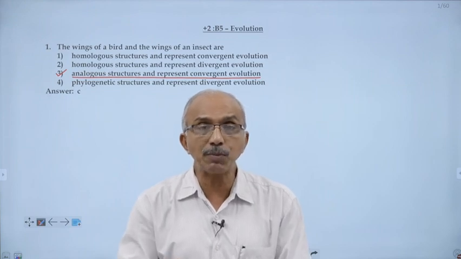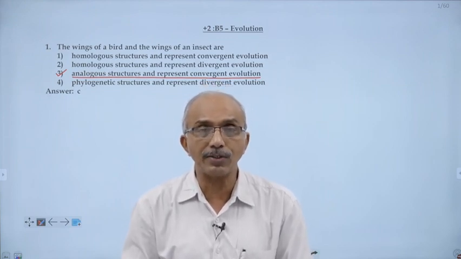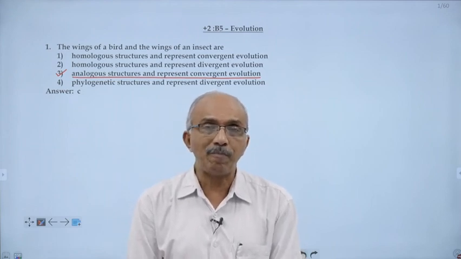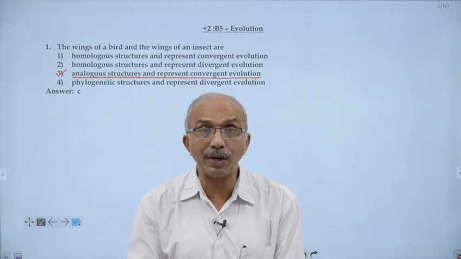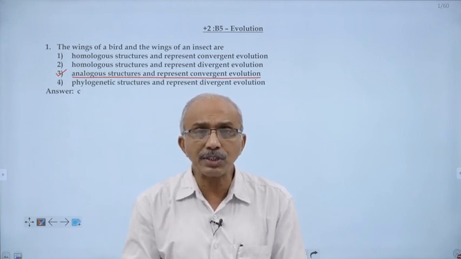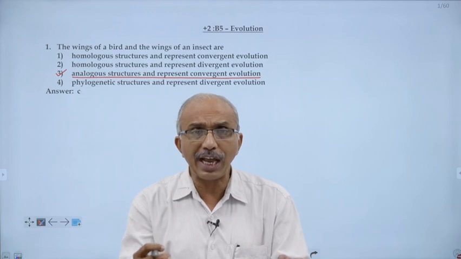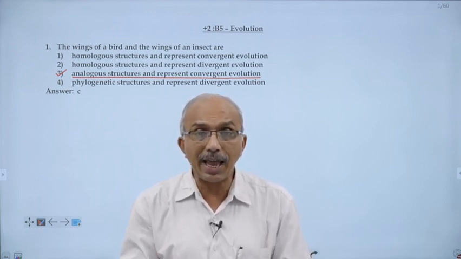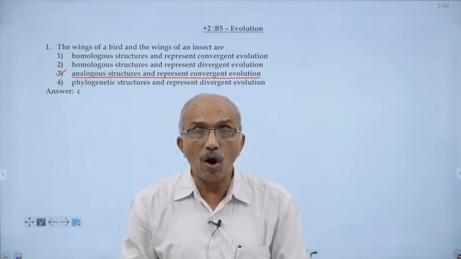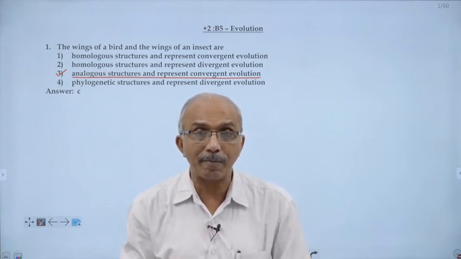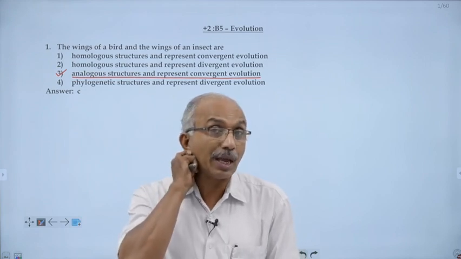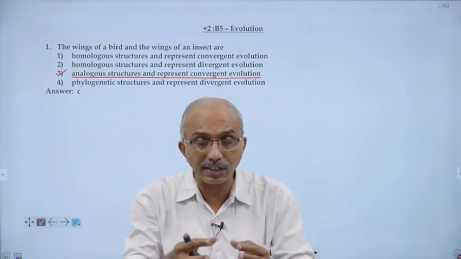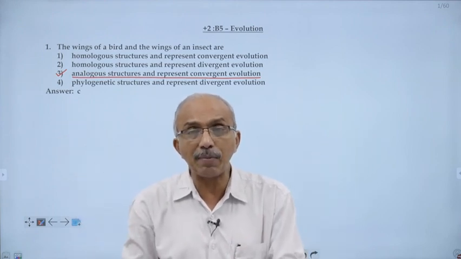Those organisms possessing analogous organs show convergent evolution. What is convergent evolution? The organisms originate from different ancestry, but they converge or live in the same habitat.